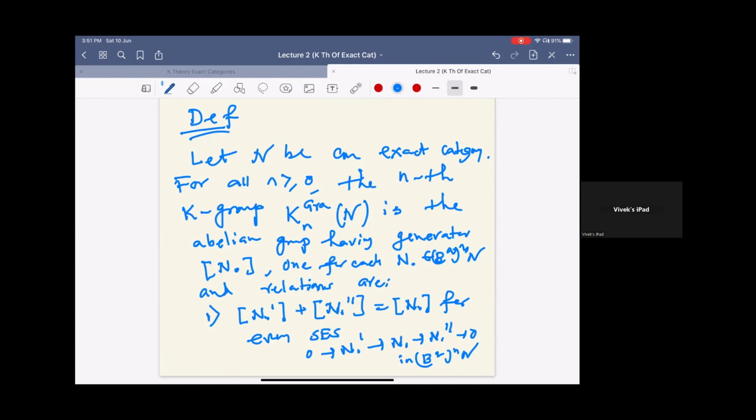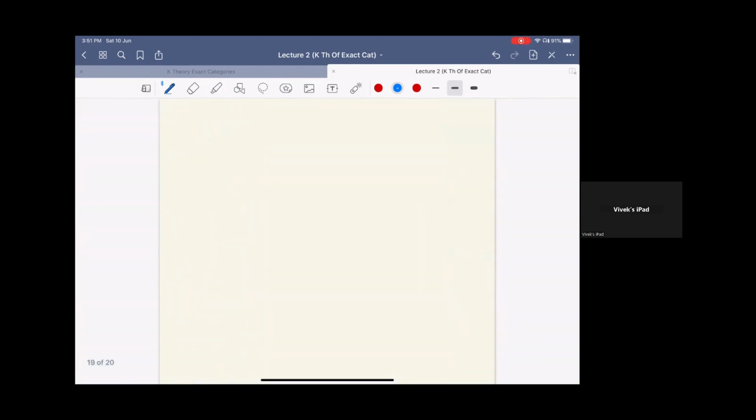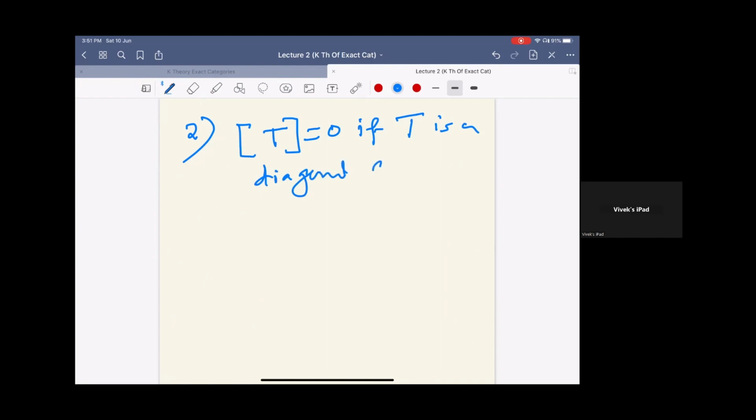And not only that, he imposed one more condition. The condition 2 is the following: they consider all the diagonal elements as 0 in this group. So if T is a diagonal acyclic binary multicomplex, then it is 0.